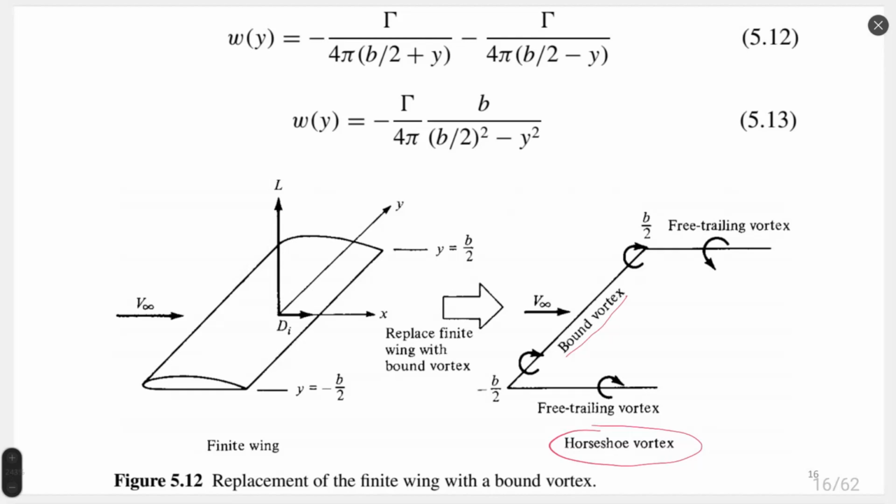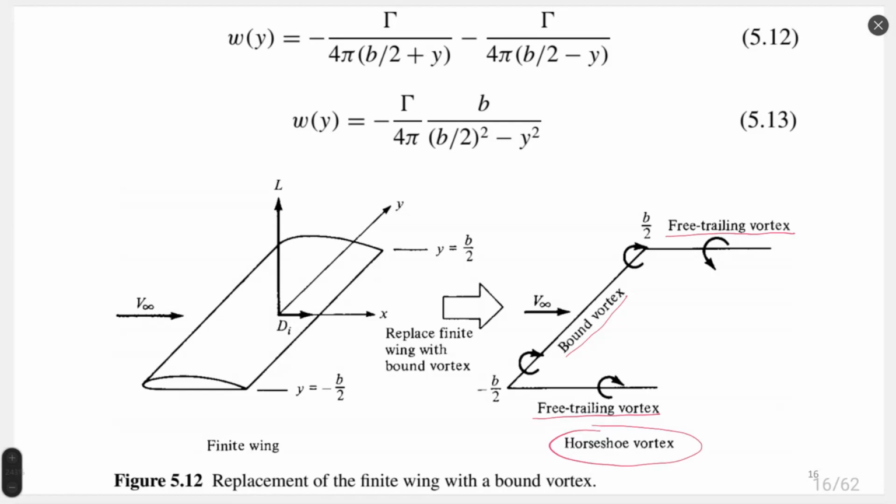And then on the tips of the wing, this vortex filament rotates 90 degrees and goes to infinity, and is called the free trailing vortex, one on each side of the wing. This vortex has constant strength, as I told you, so we integrate a constant value, and the vortex is composed of 3 parts, right? One going parallel to the wing and 2 going to infinity, perpendicular to the main axis of the wing.